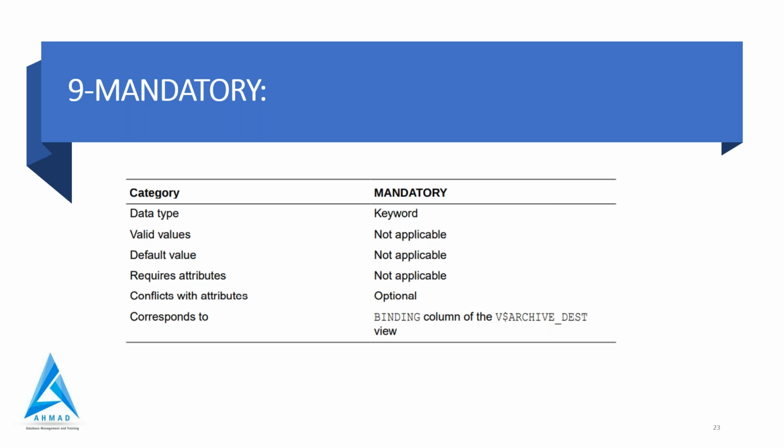Like that you can define it. You must have at least one local destination which you can declare mandatory. Then you can use the log_archive_min_succeed_dest parameter as 1.